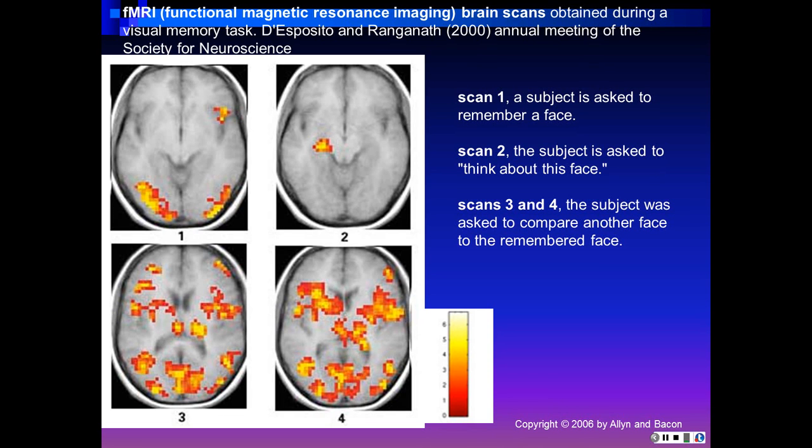So basically the way this works is the subject is inserted into this giant circular magnet, and they can't move their head. It used to be that you couldn't even move a finger, but now you can do a little bit more. They've gotten more advanced with their technology. And basically fMRI is based on the difference in magnetic resonance that is emitted from different molecules when they are exposed to radio waves.